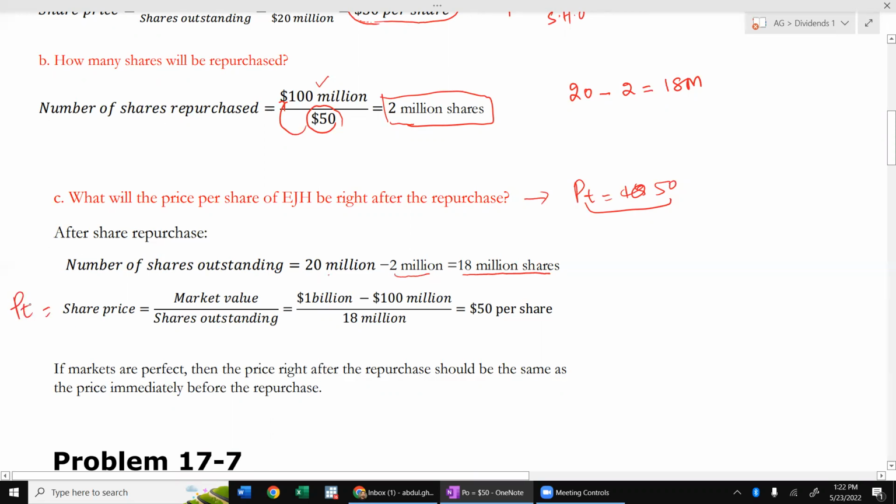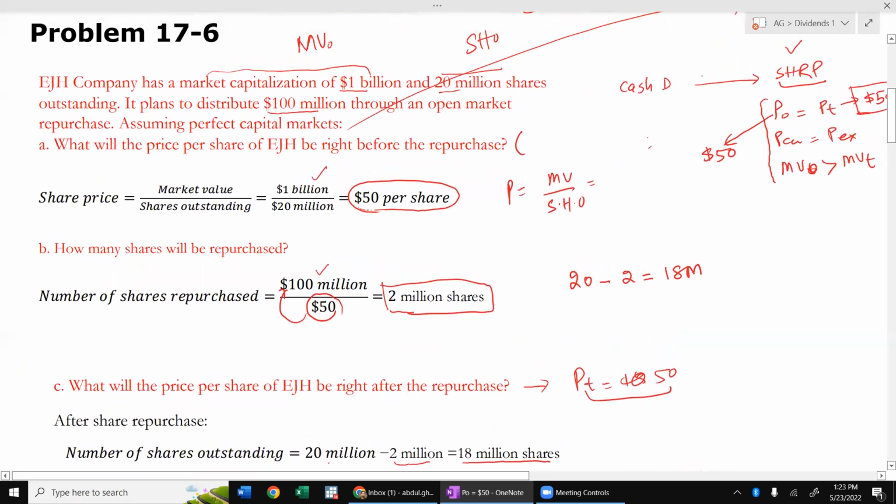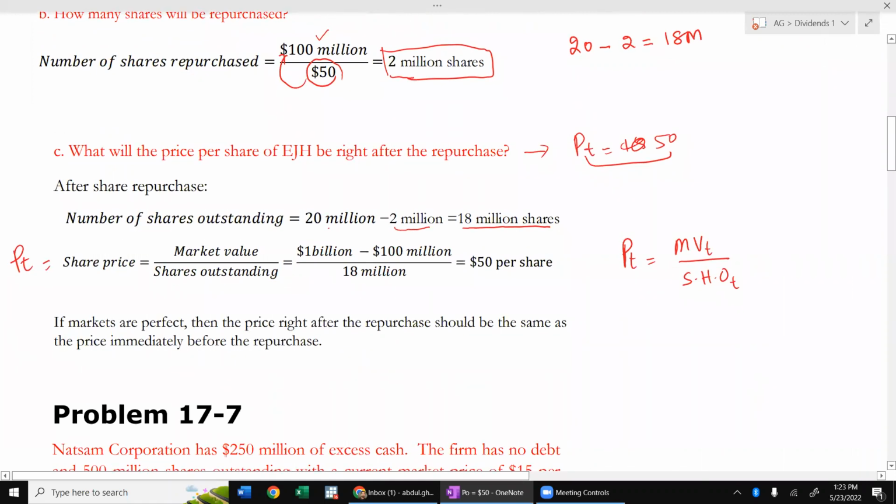So the share price after the share repurchase is equal to the remaining market value divided by shares outstanding. Remember that price T is equal to market value T divided by shares outstanding at time T. Previously this was price 0, market value at time 0, and shares outstanding at time 0, before, but after I'm just using T. T means after the share repurchase.